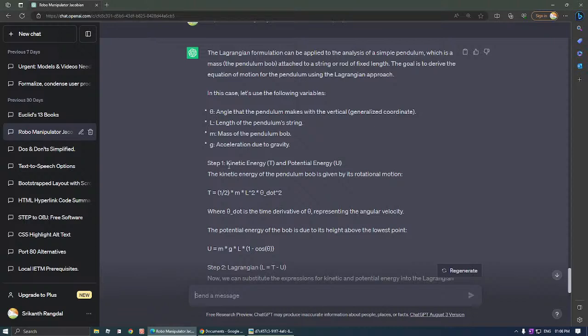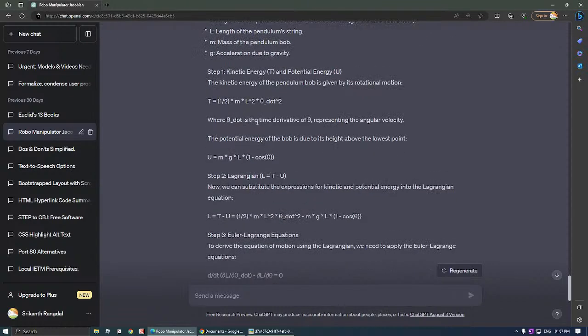All right, so m L square basically is the moment of inertia, and theta dot is of course the angular velocity. So it's basically the kinetic energy, half I omega square, written in this format. Okay, so theta dot is the time derivative of theta, representing the angular velocity. The potential energy of the ball is due to its height over the lowest point, and the height over the lowest point is going to be L.